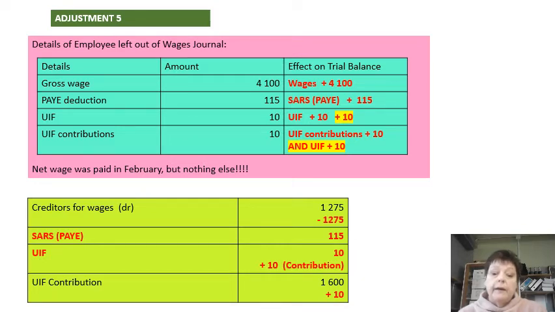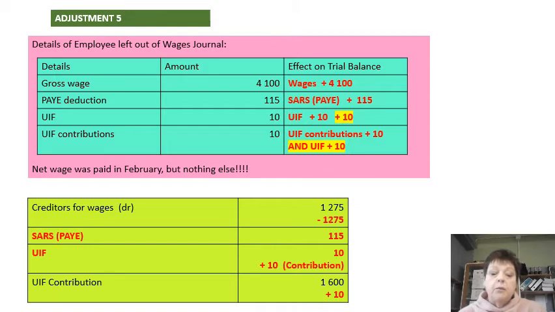The PAYE deduction must go to SARS PAYE. The UIF deduction must go to the UIF. The UIF contribution must go to the UIF contributions, the plus 10 rand, and don't forget that that same plus 10 rand must go to UIF because the contribution we also owe to UIF.